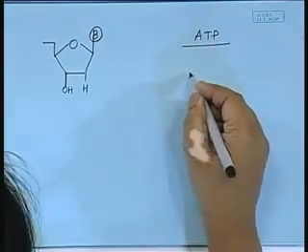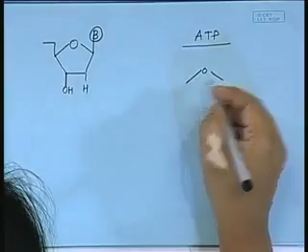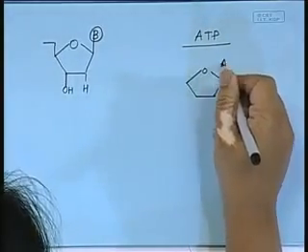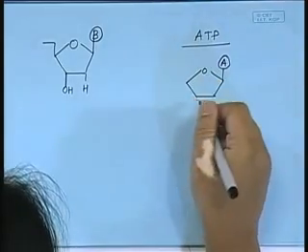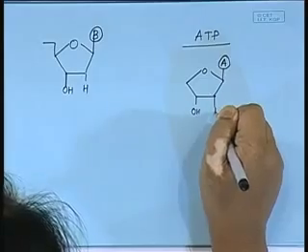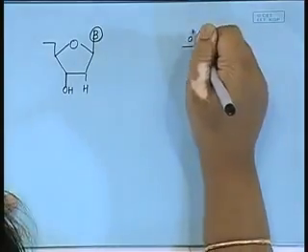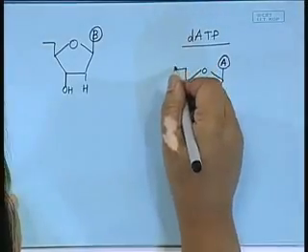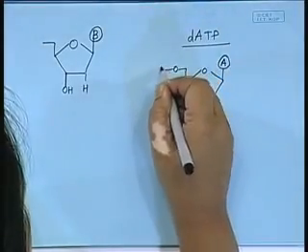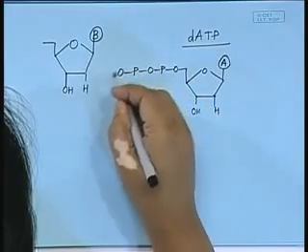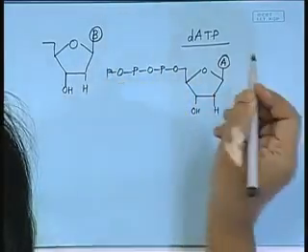ATP means I have O here. I have A basically here, OH here. This is then what? dATP, right? Then I have O, P, O, P. So, what do I have?